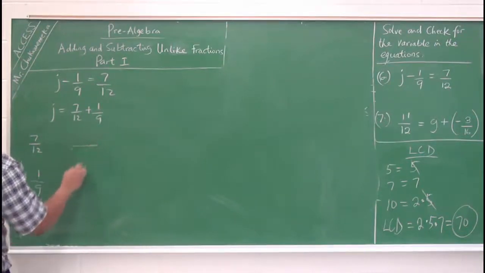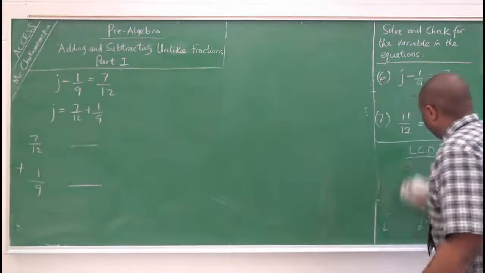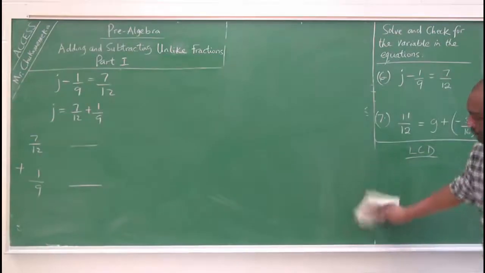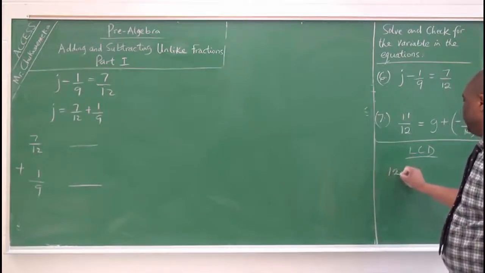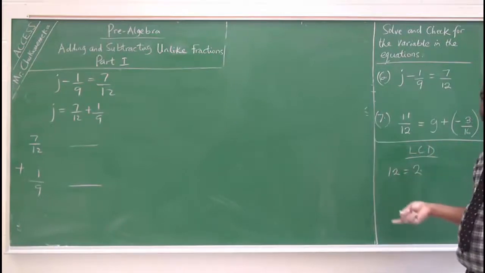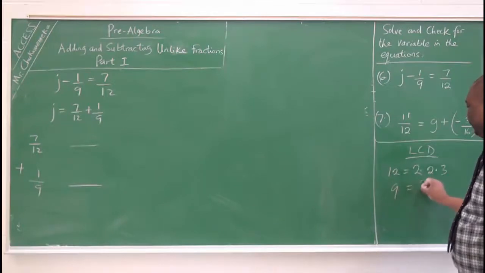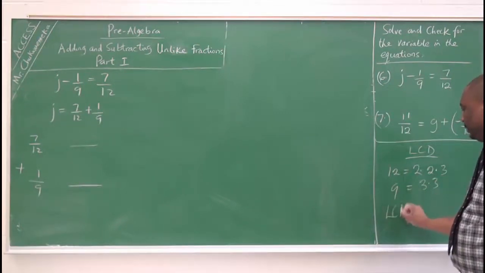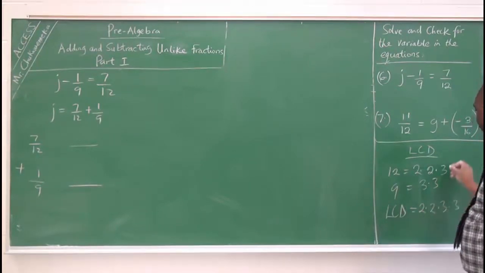Now, 7 over 12 plus 1 over 9. Let's find the LCD of 12 and 9. 12 will be 2, 2 into 12 is 6. 6 is not a prime number. Break it down again. 2 into 6 is 2, then 3. Then 9 will be 3 times 3. So the LCD will be 2 times 2 times 3 times 3, because this 3 and 3, call it one time, and then you still find this other 3.